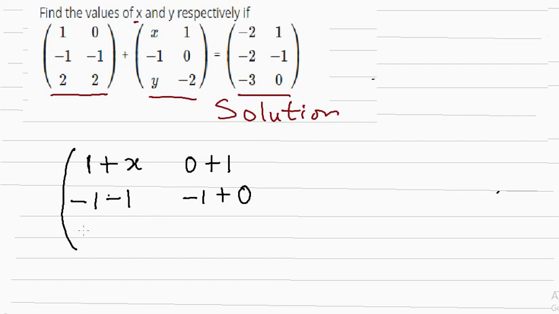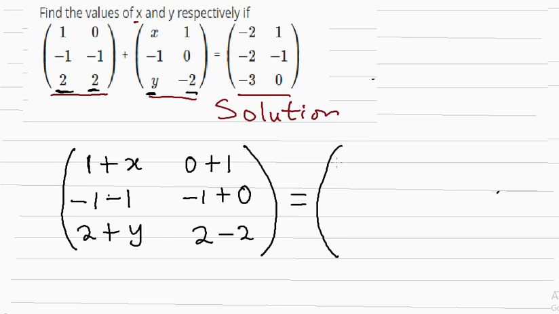This, of course, I'm going to have 2 plus y. Then, of course, 2 plus minus 2, which is the same as 2 minus 2. All right, so it's equal to the matrix right here, minus 2, minus 2, minus 3, 1, minus 1, 0.